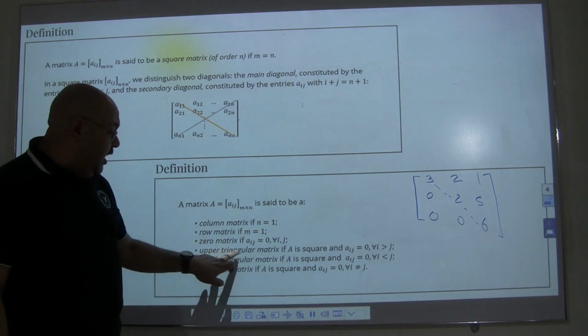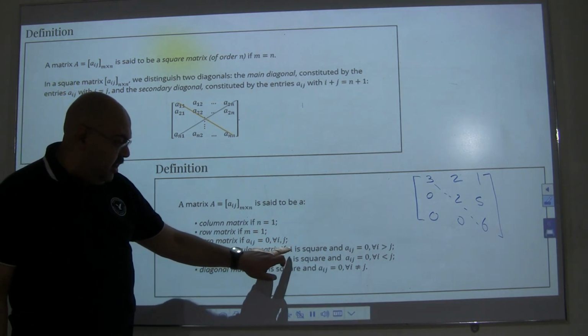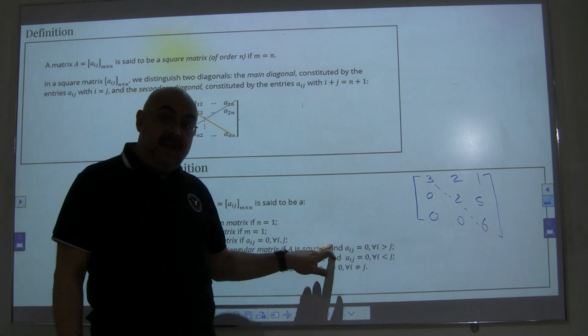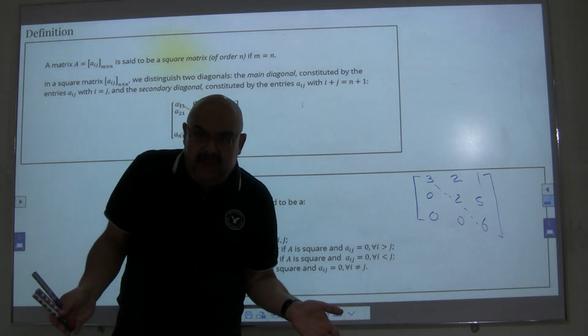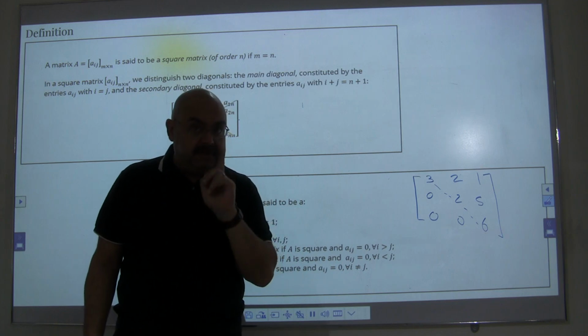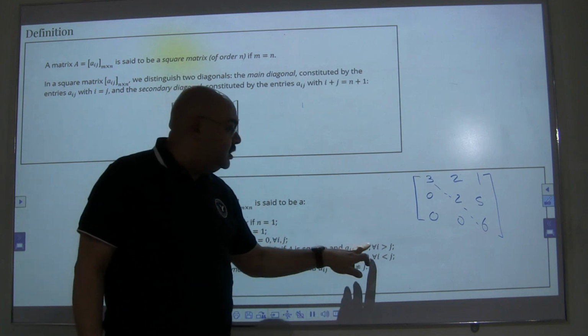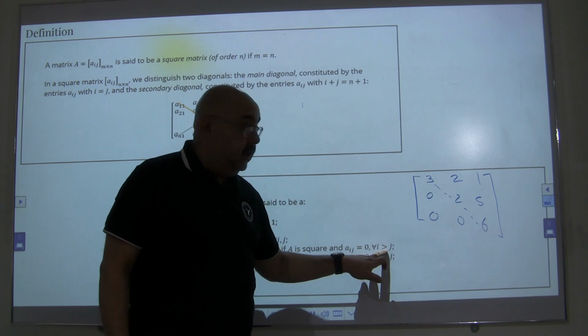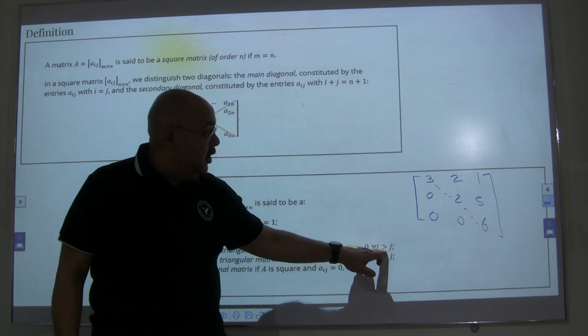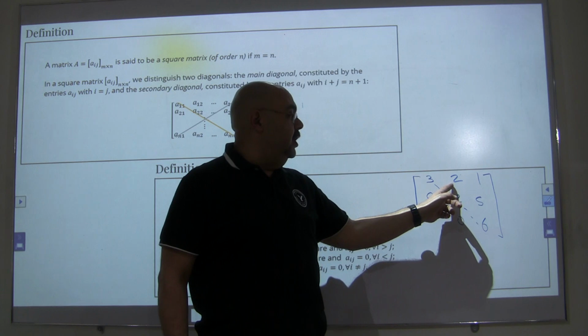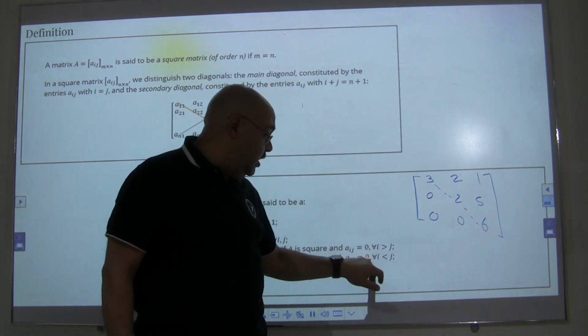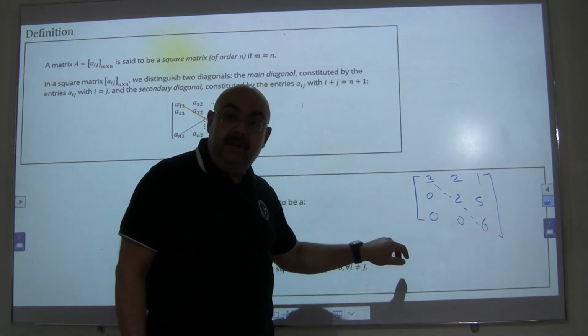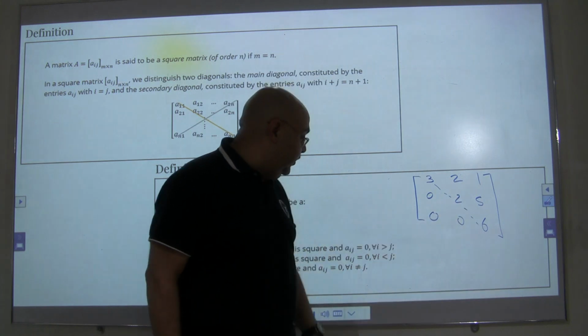For the upper triangular matrices, if A is a square matrix and Aij stands for all the elements, but with a specific property, that's i is greater than j. If you remark, you will find this value, where i is greater than j, and also for the rest of these values.